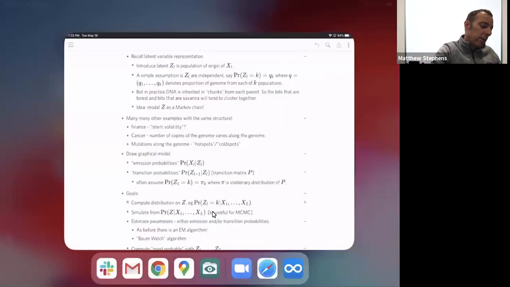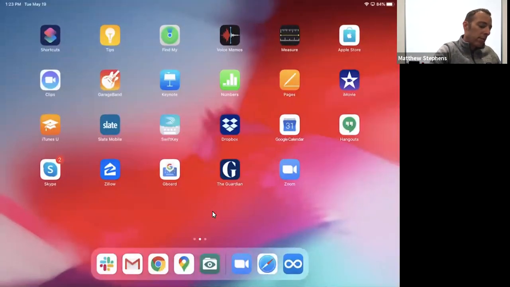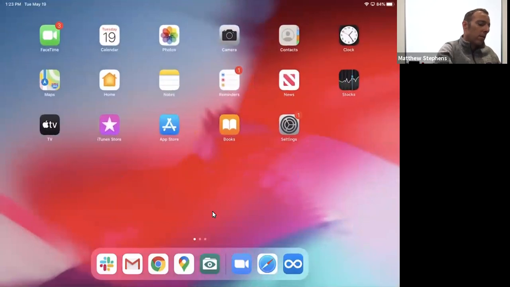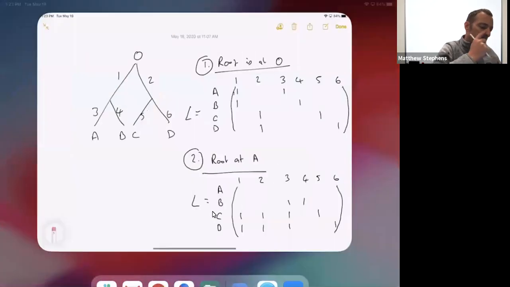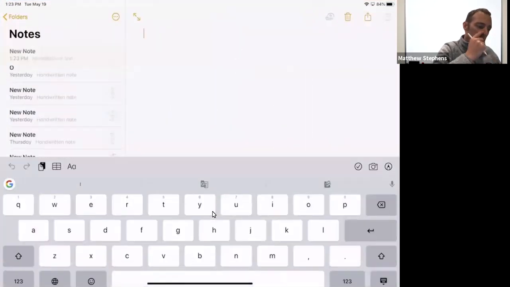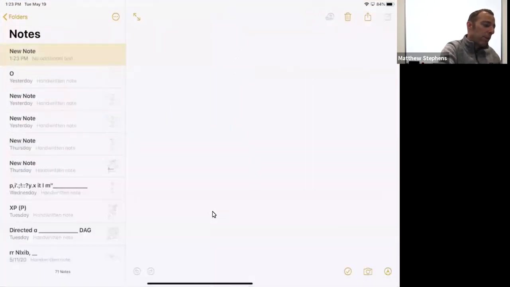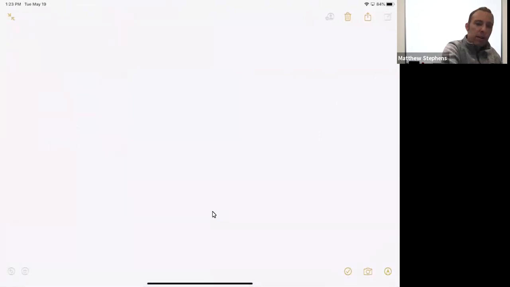It's helpful to draw a picture first. Let me draw a typical picture to get it in your mind. The idea is that the Z's, so Z1, are the latent states.